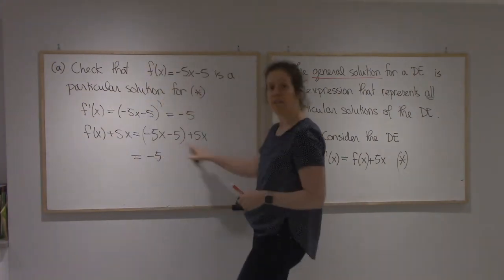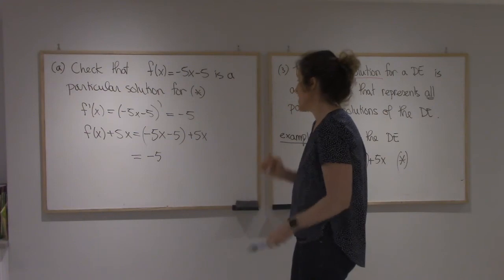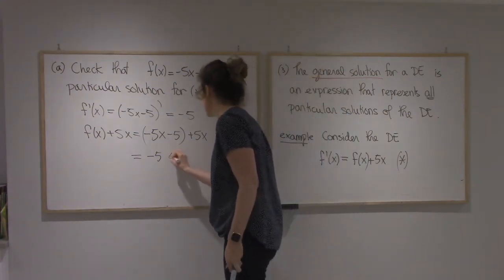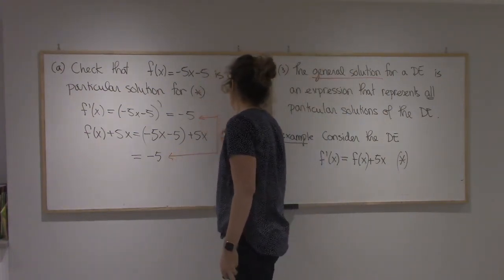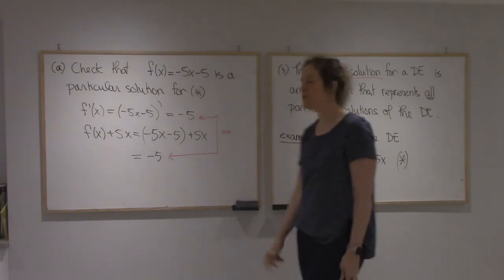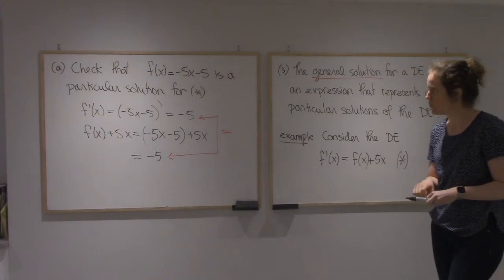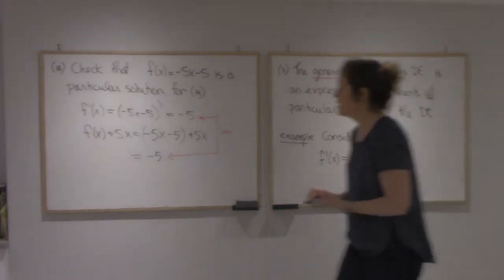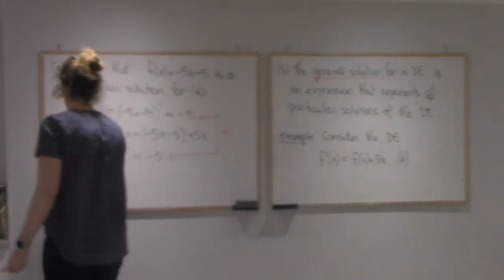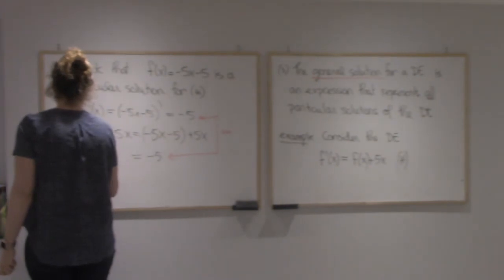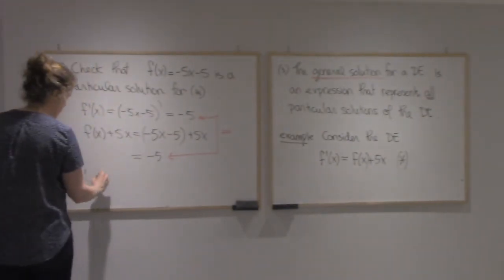The minus 5x will cancel with the plus 5x, so the only thing I'm left with is the minus 5, which means that it agrees with what the left-hand side evaluated to. And so yes, it is.